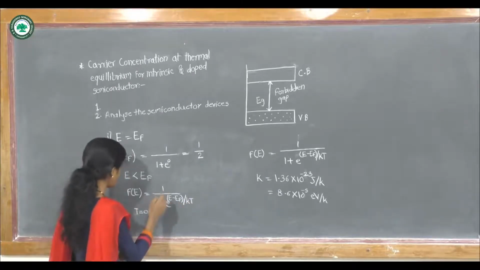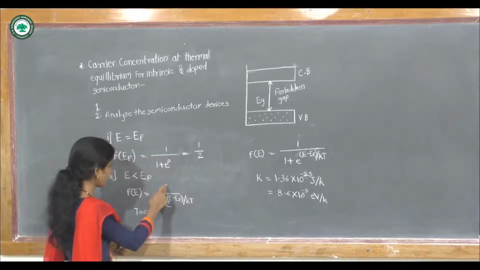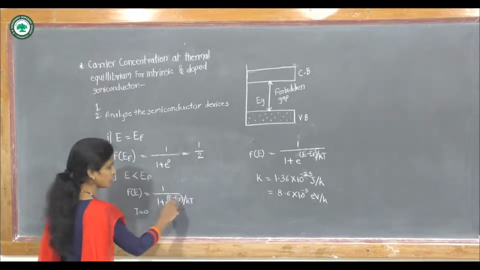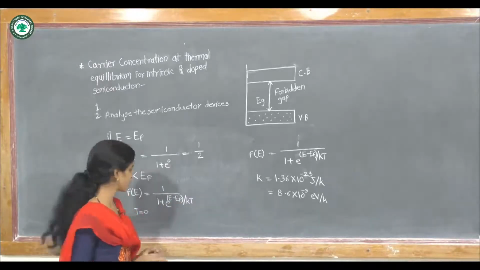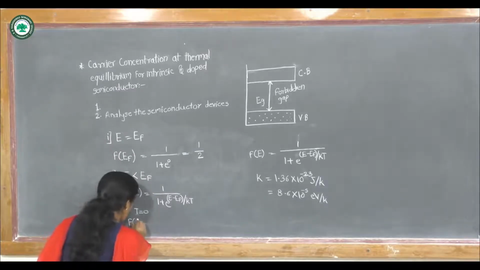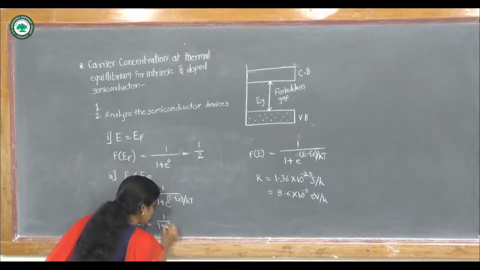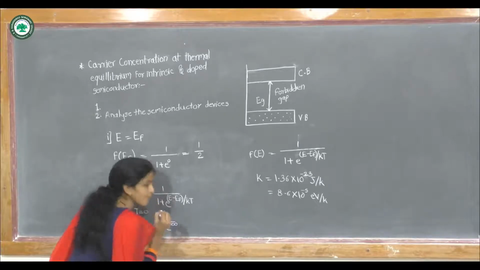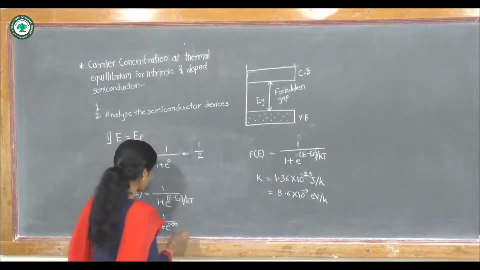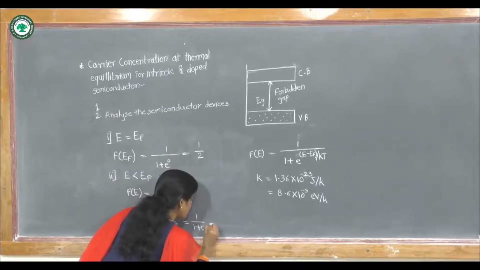So one has f of E equal to 1 upon 1 plus e raised to some negative value upon 0. Some negative value upon 0 is minus infinity, so f of E is equal to 1 upon 1 plus e raised to minus infinity, and this value of e raised to minus infinity is 0, so we get 1 upon 1 plus 0, which is equal to 1.